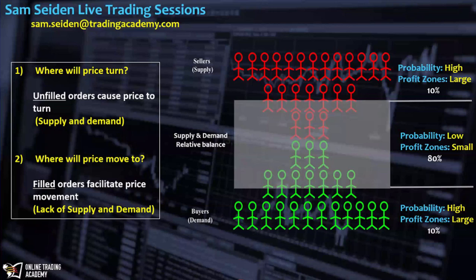In other words, if price is right up here on the top with these red stick figures, are you going to get lots of trading activity or very little? Many transactions or very few?